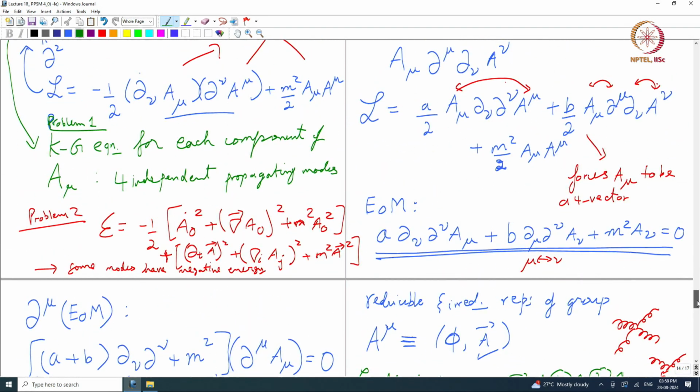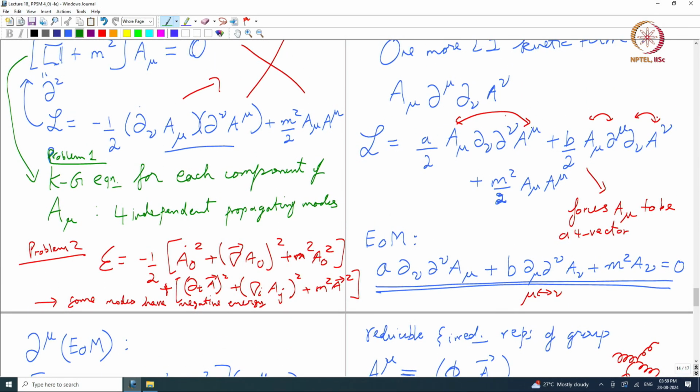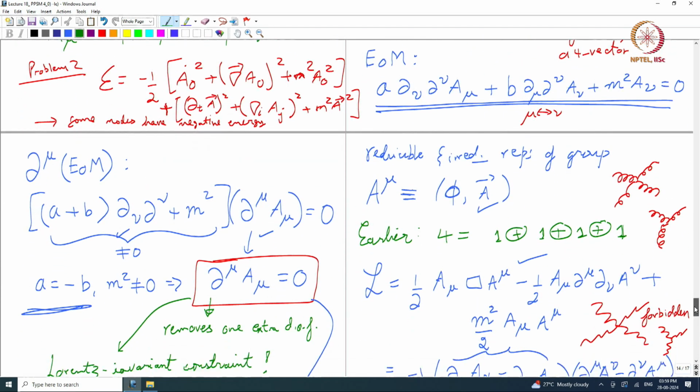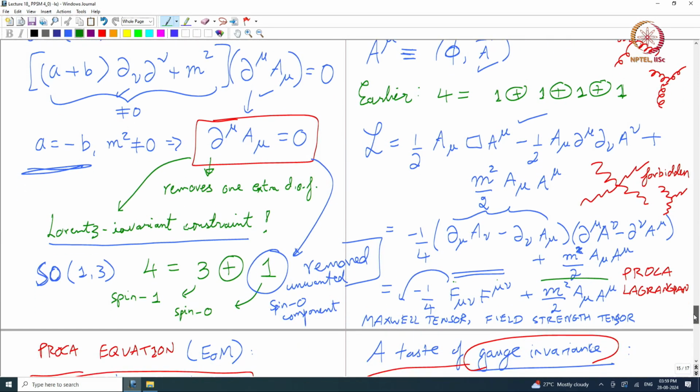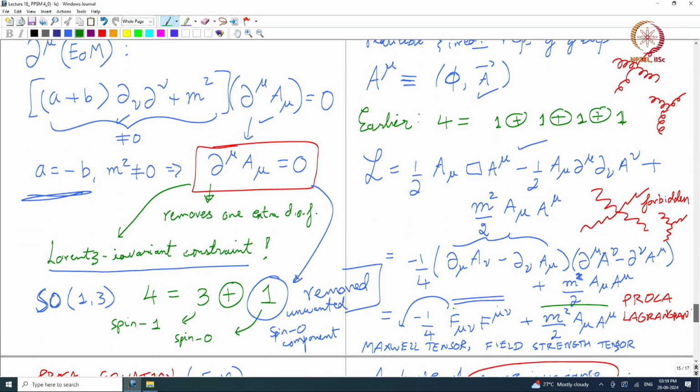And we saw that you could have yet another Lorentz invariant term that you could add, and then from the equation of motion, by manipulating it, we found that there is 1 degree of freedom that you can completely remove. It happens to be the correct degree of freedom because the constraint itself is Lorentz invariant, and so you have removed an unwanted Lorentz invariant spin 0 component. Okay, that is exactly the degree of freedom you have removed. 4 vectors are reducible representations of the Lorentz group, they break down into 3 plus 1 and you remove the 1, right.